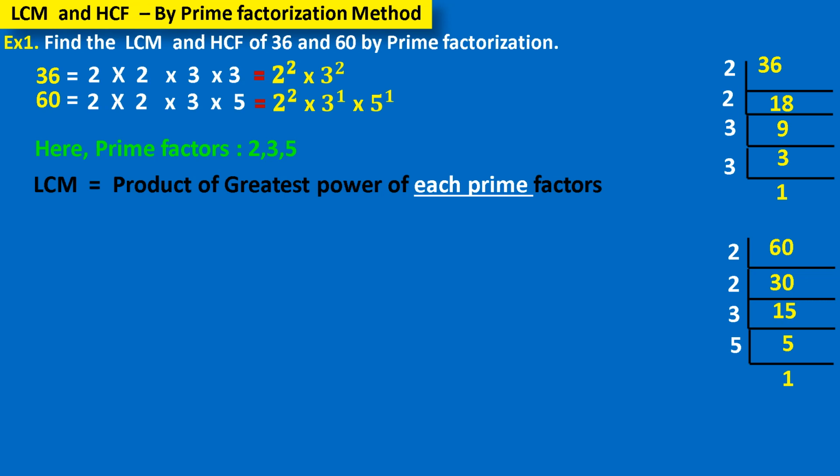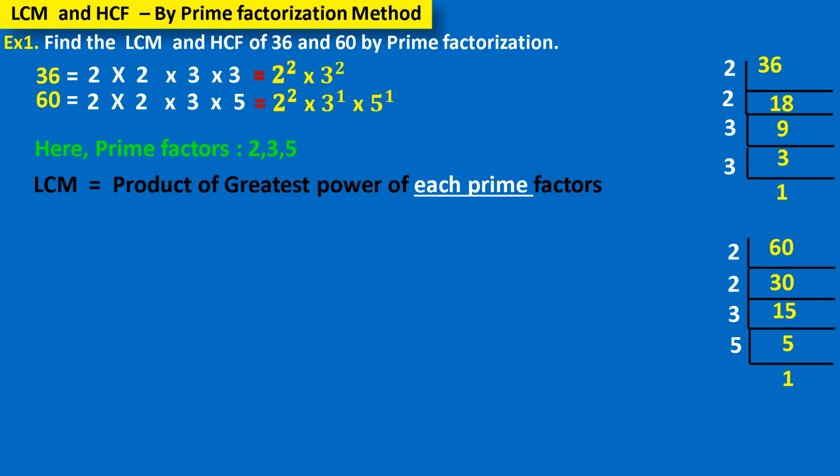What is the LCM? LCM is equal to the product of the greatest power of each prime factor. Now we have only 3 prime factors, 2, 3, 5.